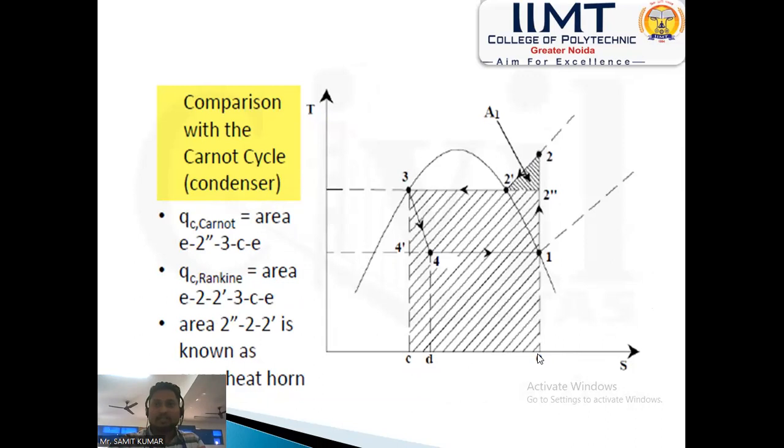The Rankine cycle is E, 2, 2 dash, 3, 4 and D, the complete hatched area. Here 2 dash to 2 is known as the superheated horn, where high temperature is maintained so the refrigerant stays in vapor form for better performance of the system.